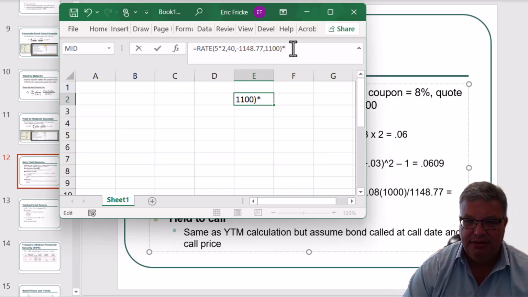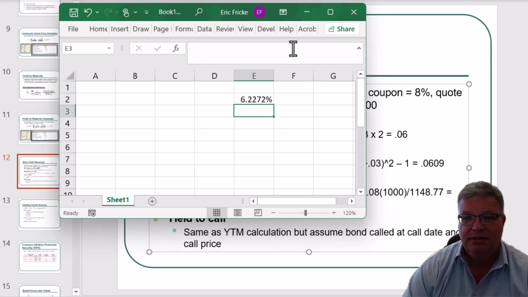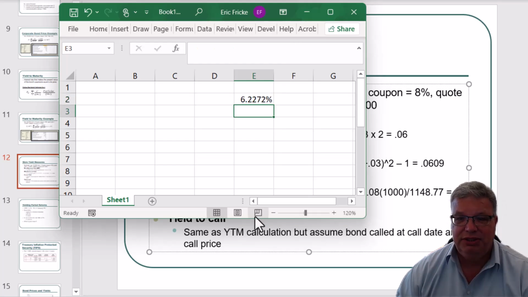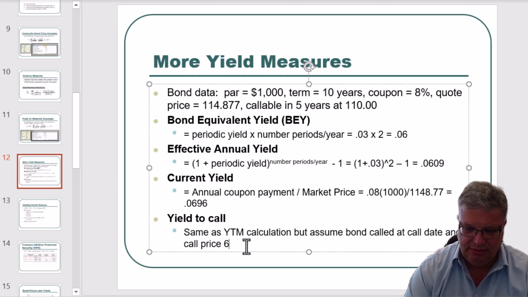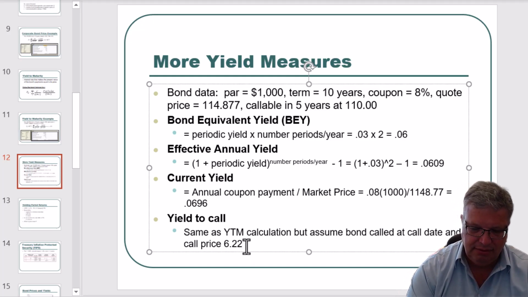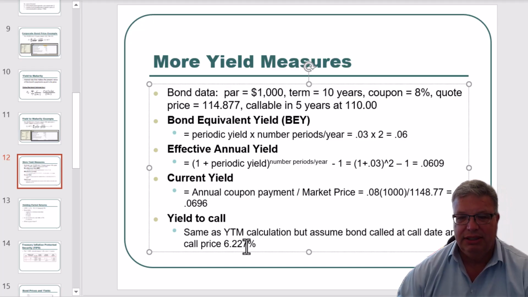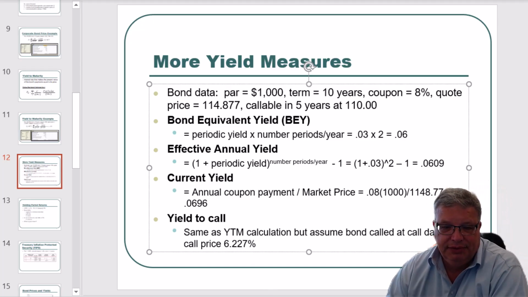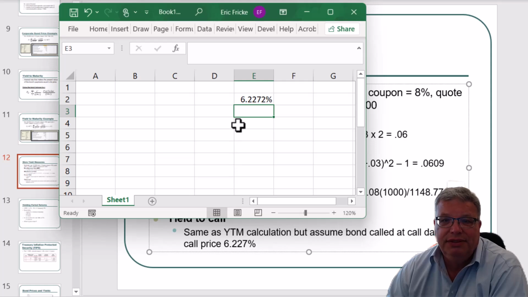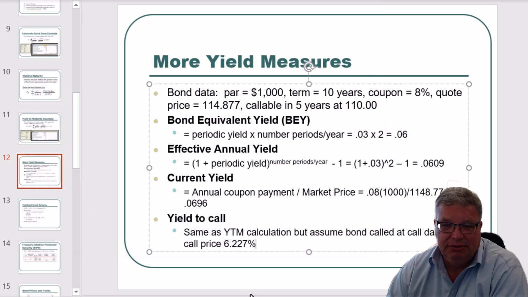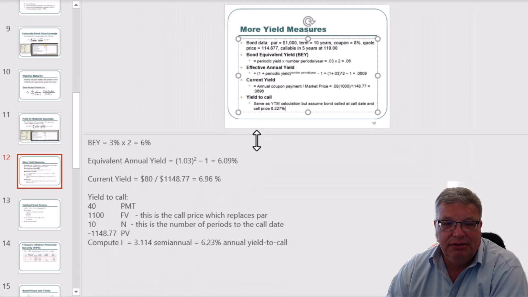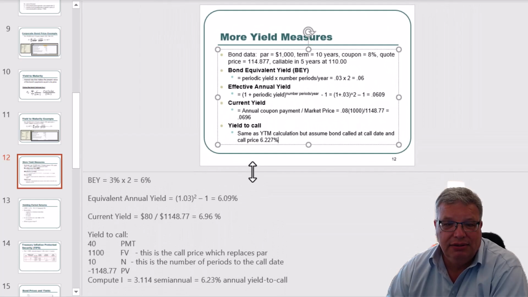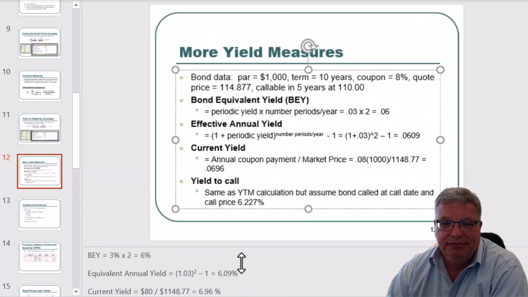So it would be 6.22%. There you go, 6.227, something like that. And let me just double check if it's the same as the solutions down below. Yeah, it looks the same as down below.